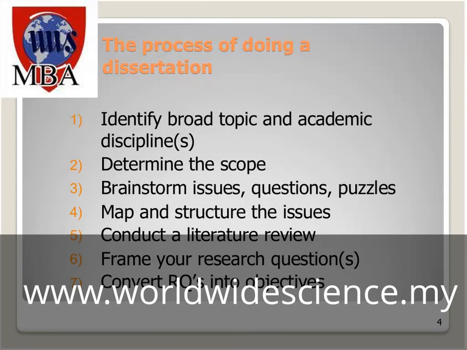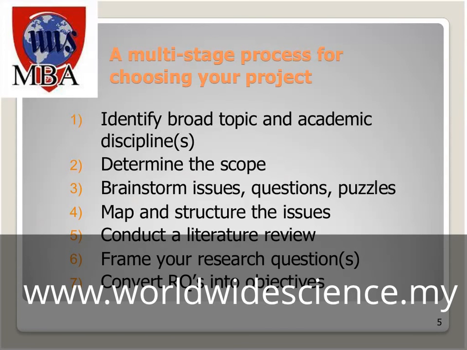All right. A multi-stage process for choosing your project is: identify a broad topic and academic discipline, determine the scope, brainstorm issues, questions, puzzles, map and structure the issues, conduct a literature review, frame your research question, and convert the RQ into objectives.